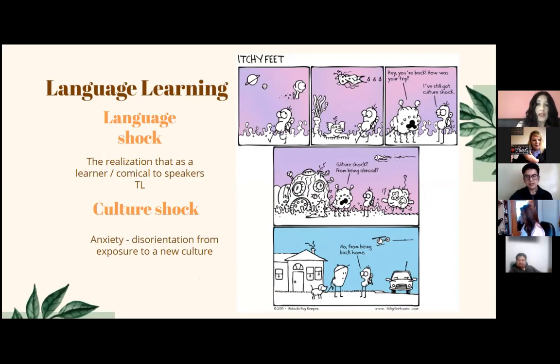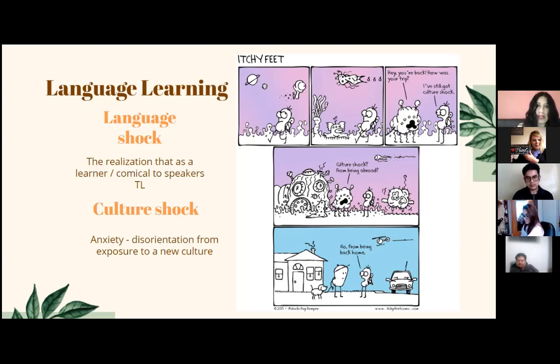So the language shock refers to the realization that as a learner, you must speak the target language, whereas the culture shock refers to the anxiety or maybe the disorientation from exposure to a new culture.